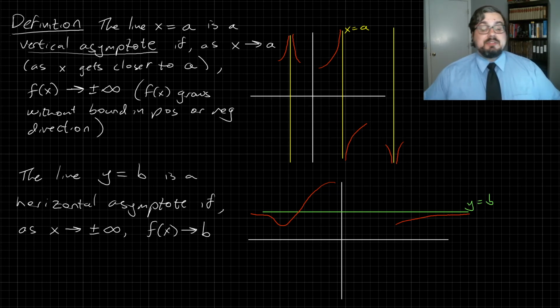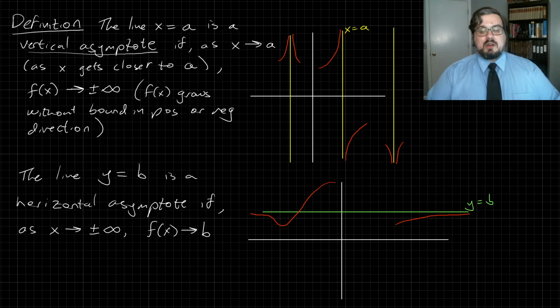And in fact, even the word asymptote comes from the Greek meaning not touching, but that actually only applies to vertical asymptotes. A rational function will not cross its vertical asymptotes, but it may cross its horizontal asymptotes, as in the cartoon example that we've got here, where the red graph does in fact cross the green line.